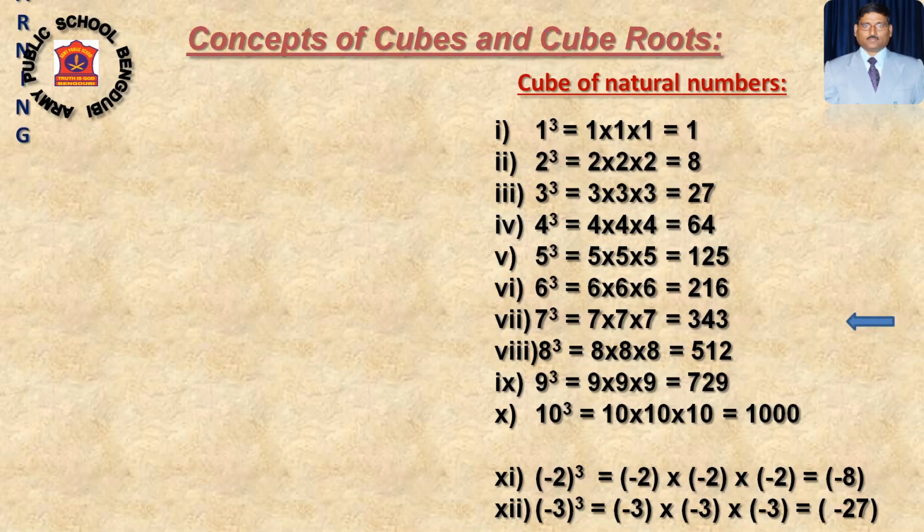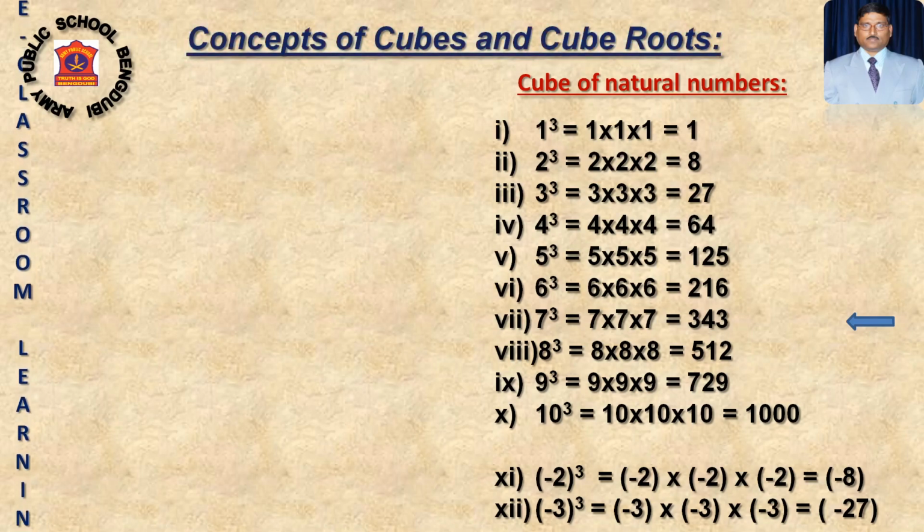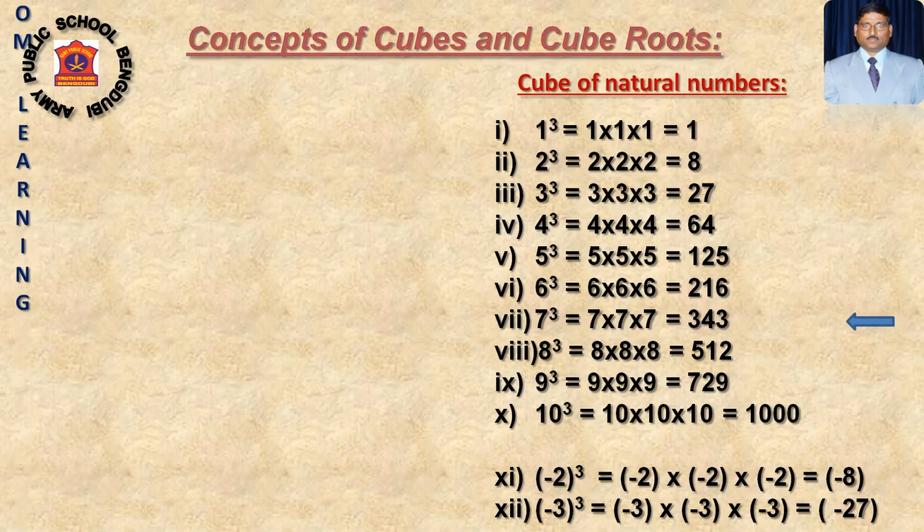Similarly, now if you are able to memorize the table of cubes from 1 to 20, that will be very helpful for competitive exams. Even if you are already appearing for maths Olympiad, it will help you a lot. If not, at least learn the cubes of natural numbers 1 to 10, otherwise you will not be able to solve any textbook question.